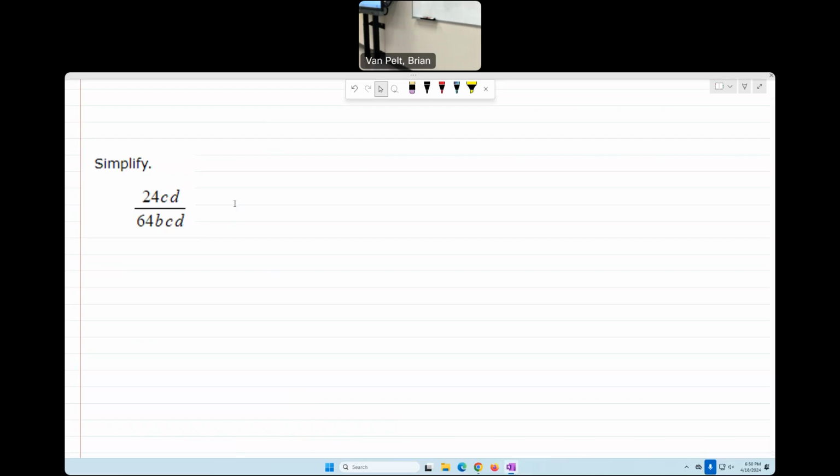8, yeah, that's right. This one is not hard at all. You don't have to do any moving at all, do you? No, just cancel it. So the 8 goes into the 24 and the 64. I'll rewrite it so I have bigger writing: 24d divided by 64bcd. First, 8 goes into 24 3 times and into 64 8 times, correct?